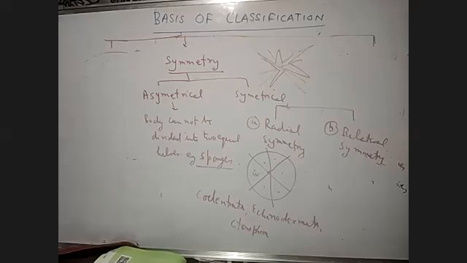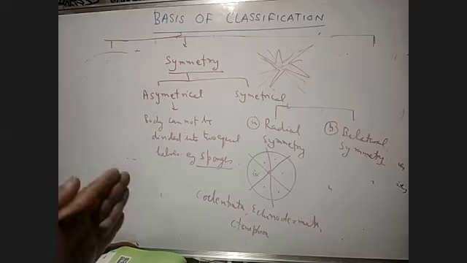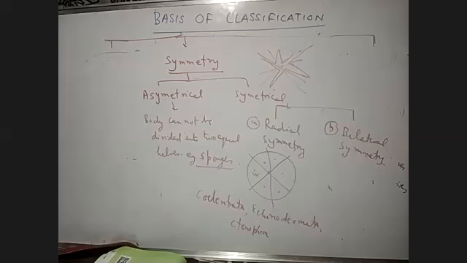Now we go to bilateral symmetry. Lateral means the side and bi means two. If you divide the animal from the center into two equal halves, it is called bilateral symmetry. Where the body can be divided into similar or identical left and right halves in one plane, it is bilateral symmetry.